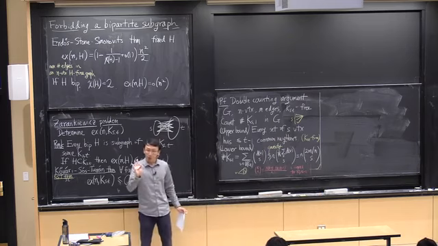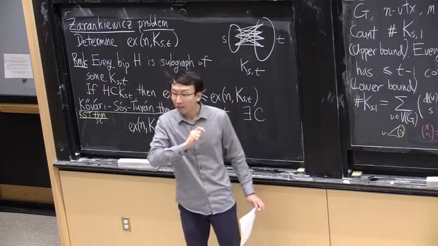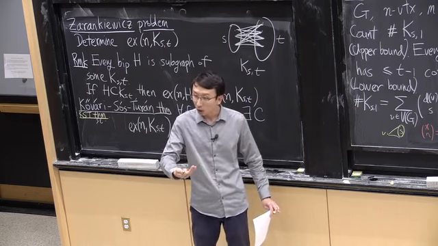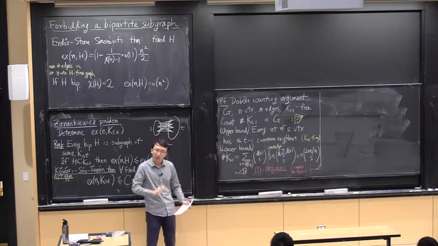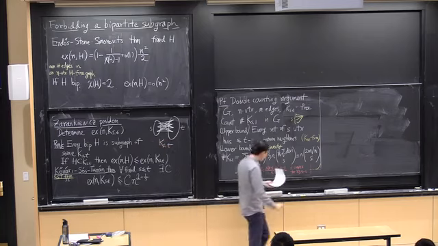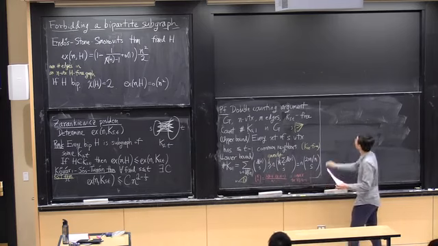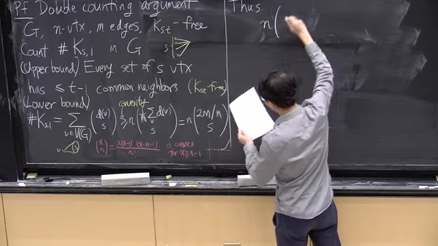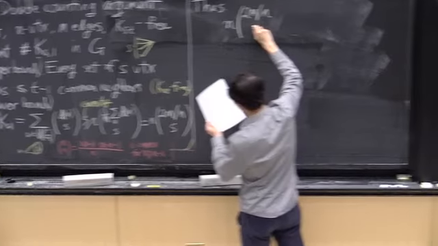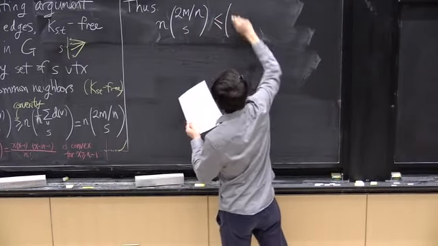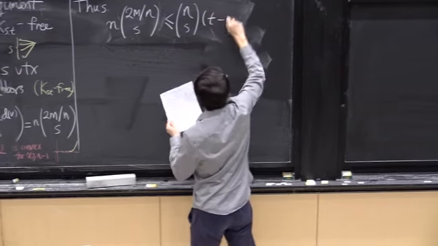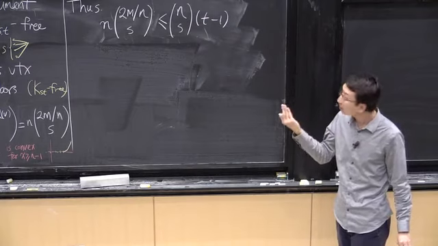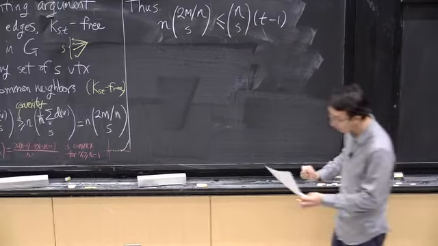So you have an upper bound on the number of s-stars coming from K_{s,t}-freeness, and a lower bound on the number of s-stars coming from just having lots of edges and applying convexity. Putting these two things together, we find that there's this inequality here. Here, we are thinking of s and t as fixed, and we are trying to understand how m and n depend on each other as they get large.